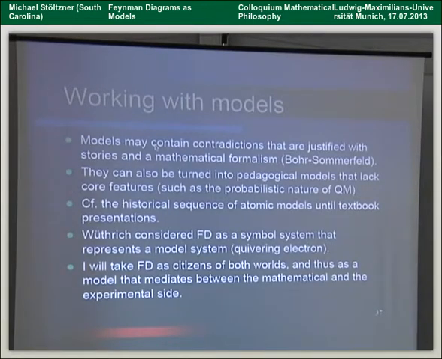So models may contain contradictions that are justified even with stories. Stefan isn't here, but I think that's one concept he invented or contributed to the model debate in the 90s and early 2000s. And then a mathematical formalism, Bohr-Sommerfeld, and again, based on our wonder weapon principle of least action.